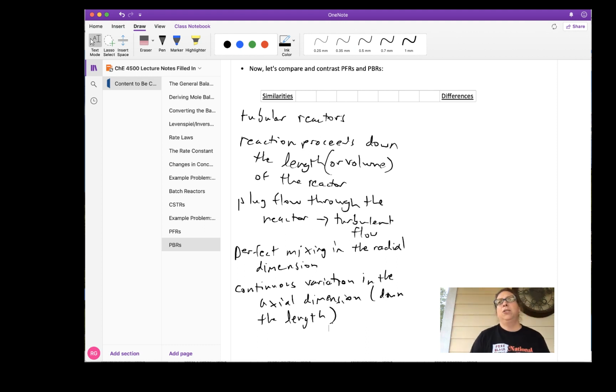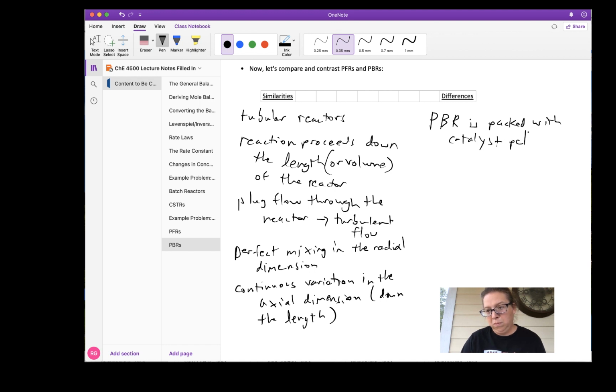So pretty much these two reactors operate very similarly. The difference is that the PBR is packed with catalyst pellets. So when we think about how the PBR is operating, that's basically like the transport problem of flow through a packed bed.